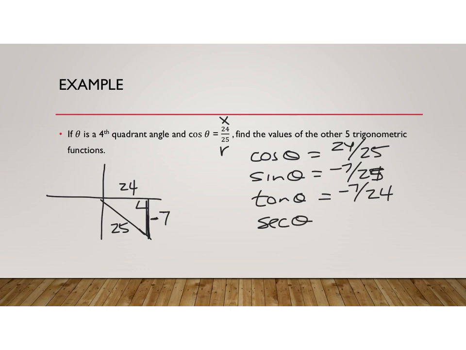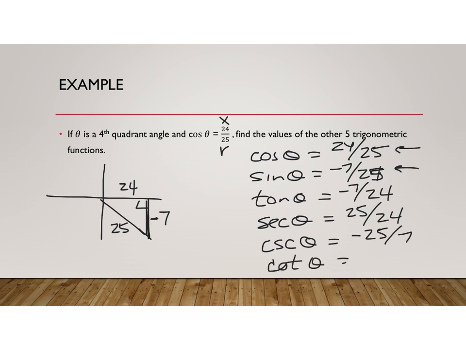And then secant, it's the reciprocal of cosine, so that'd be 25 over 24. Sine's reciprocal is cosecant, which would be negative 25/7. Reciprocal of tangent is cotangent, which would be a negative 24/7.